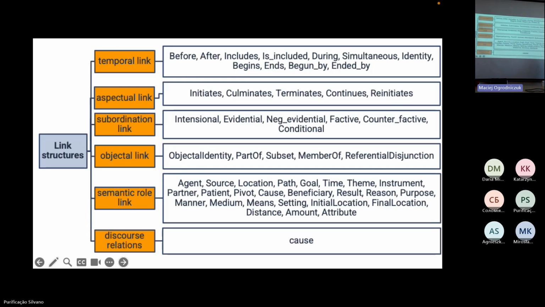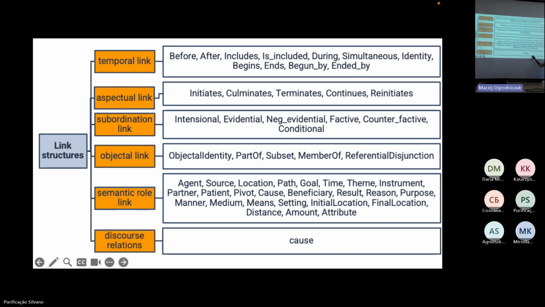Finally, in terms of links, you can see here we have different values for the links that I told you about, right? The temporal relations before, after, and the objectal links. We have objectal identity when the same participant is being talked about in the news. So we identify this anaphoric relation in this way. And in terms of discourse relations, for now, we are just annotating polls, right?